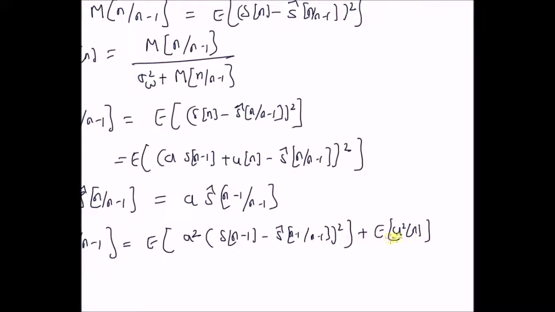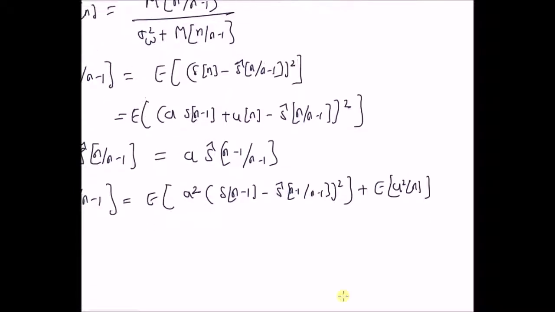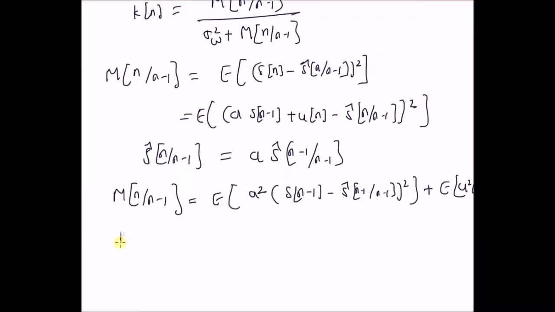We basically ignored all the cross terms. So the recursive relation for the prediction error is given by m of n given n minus 1 equal to a square multiplied by m of n minus 1 given n minus 1 plus sigma square u. So this is the recursive relation for the prediction error.